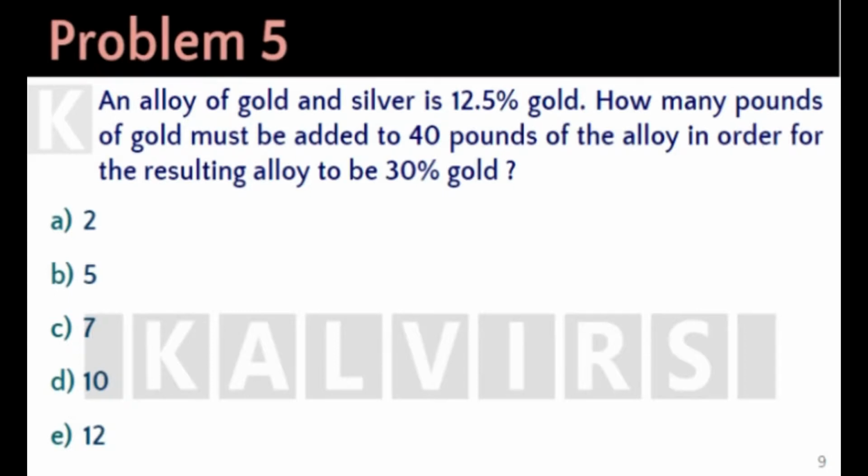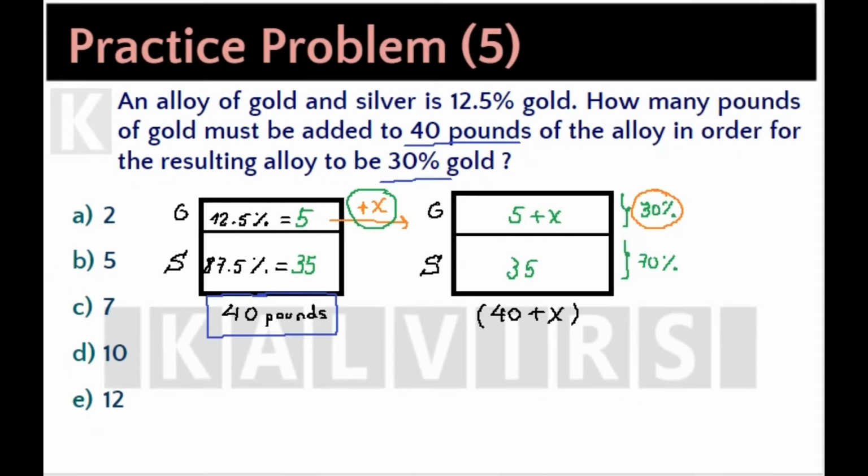Problem 5 says an alloy of gold and silver is 12.5% gold. How many pounds of gold must be added to 40 pounds of the alloy in order for the resulting alloy to be 30% gold? Let X be the number of pounds of gold that were added to the 12.5% gold alloy.